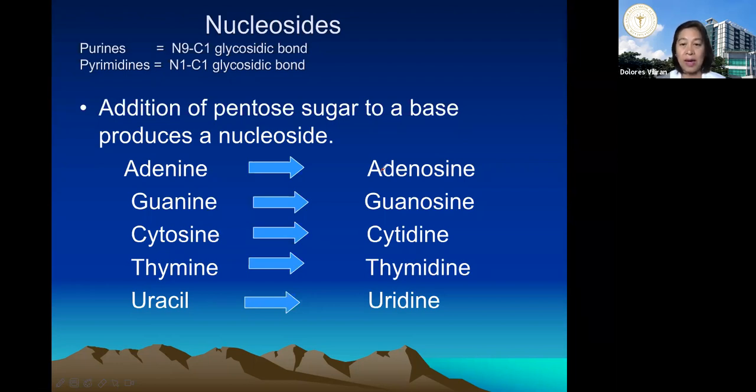So unlike here, adenosine and guanosine. The nucleoside counterpart of cytosine is cytidine. For thymine, thymidine. Nucleoside, it ends with DINE. So take note of this, okay? Because cytosine is still a base. The nucleoside counterpart of cytosine is cytidine, okay?